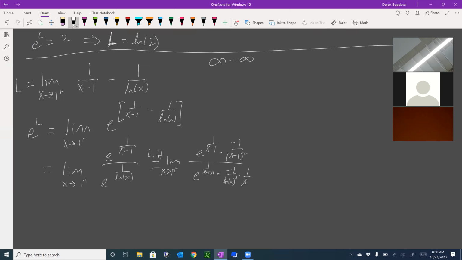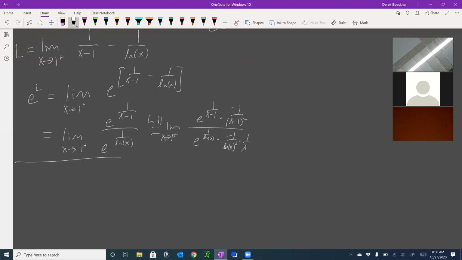And that just got really, really messy. And I think if I keep taking derivatives, it's going to get messier and messier. So this is probably not the way that we want to do this one. Let's try it a different way.